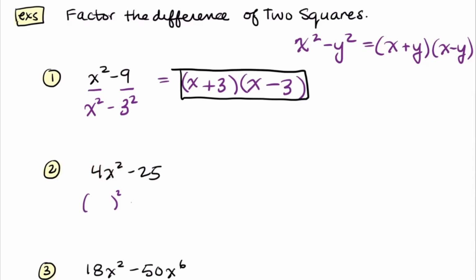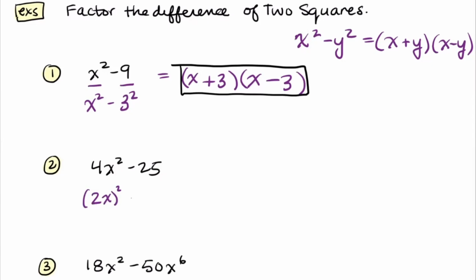So we need something squared, and it's not written in this way. So definitely the x is in our parentheses here, but then 4 is 2 squared. So really what we have with 4 times x squared is parentheses 2x, whole thing squared, right? And then 25 is 5 squared.